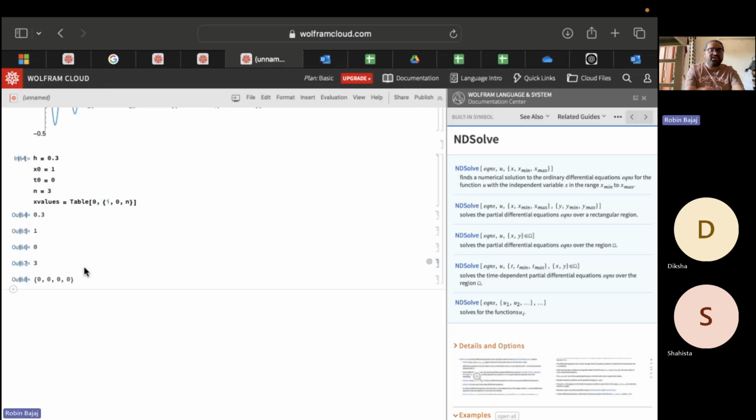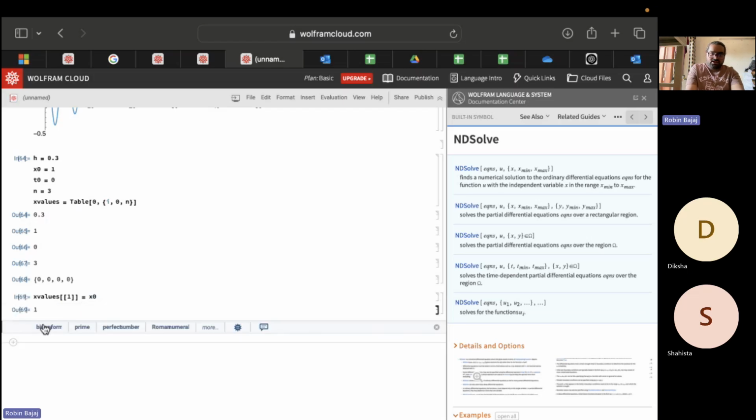So initially you have defined a list which has 0 values. Now I will say the first value has to be x naught equal to 1. So the first value of this x values list has to be x naught.